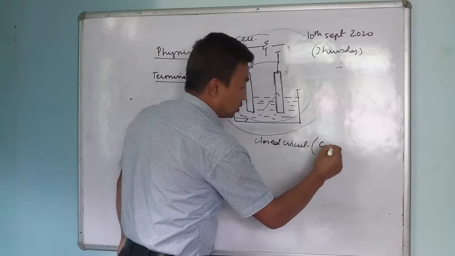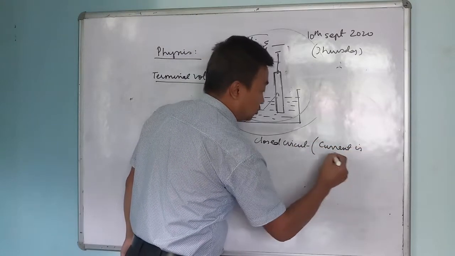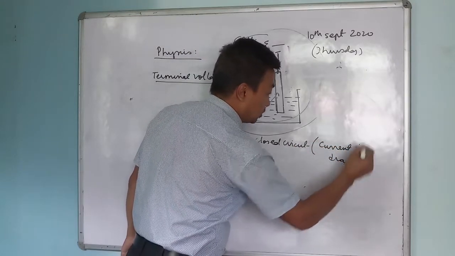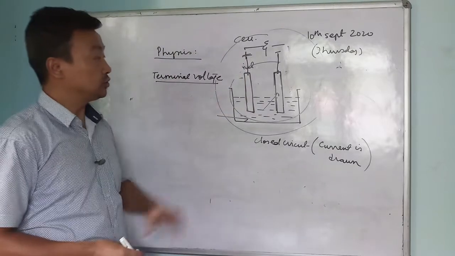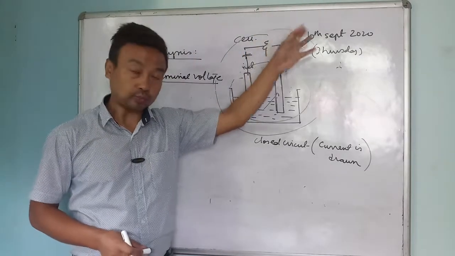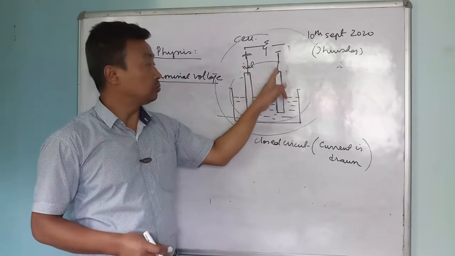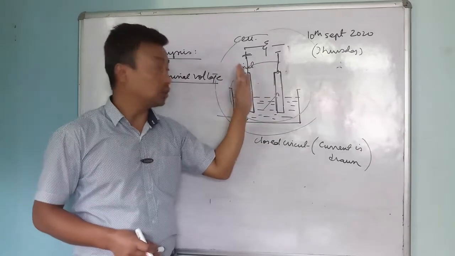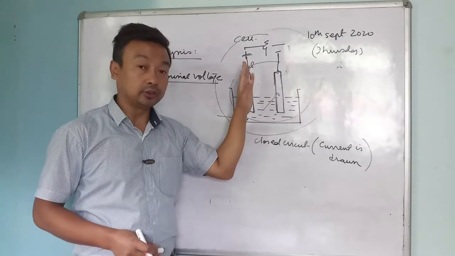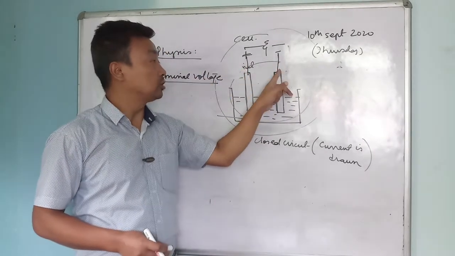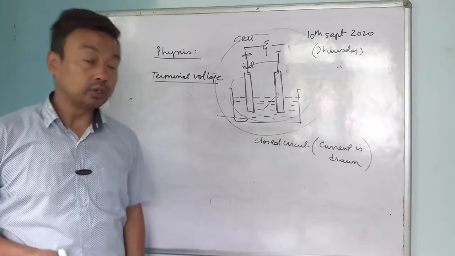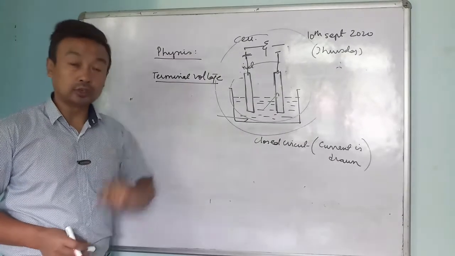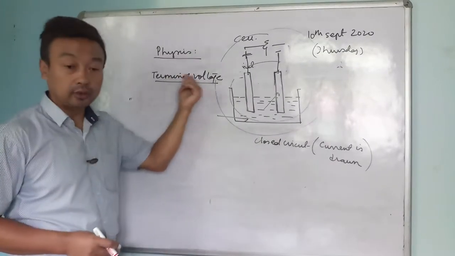or current is drawn. So when the current is now coming out from the cell, whatever potential difference you have only across the terminals of the cell, that potential difference is what we call terminal voltage.